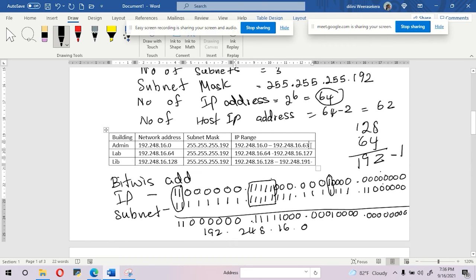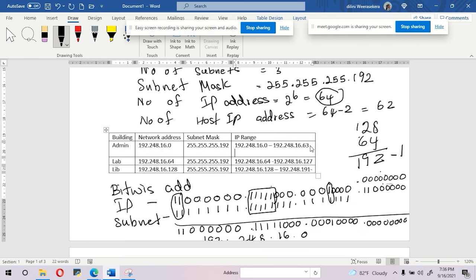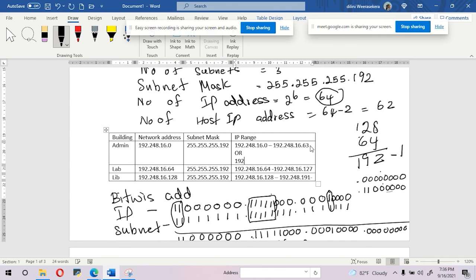So supposing if you write the IP range, now you see the first address is the network address and the last address is the broadcast address. So you can write in this way also. So I'm writing 192.248.16.